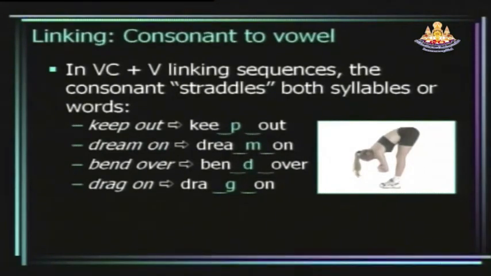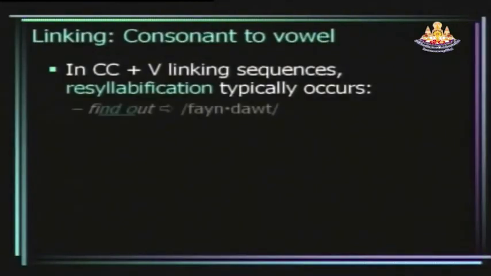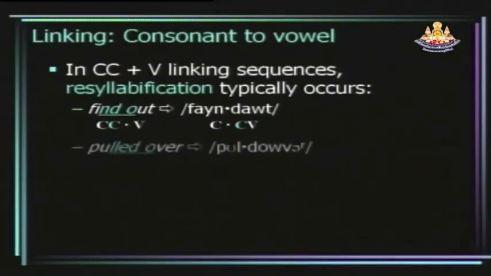Another example of linking, when we have a consonant cluster at the end of the first word and a vowel beginning the next word, we change the syllable rules of the words. So instead of find out, we change the word by linking the final consonant to the vowel sound of the next word, and it sounds something like find out, or pulled over.